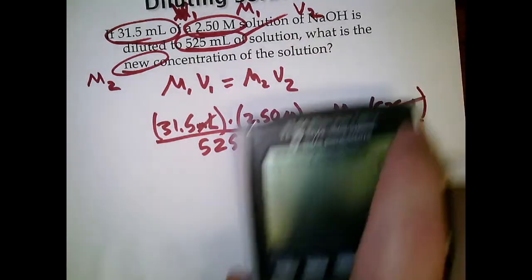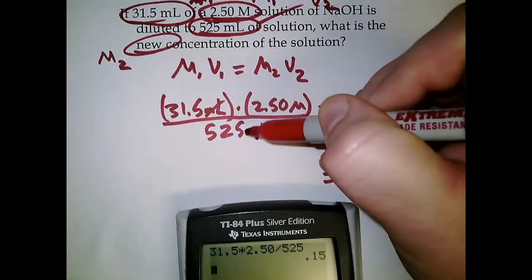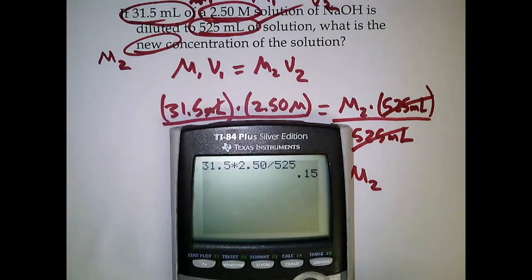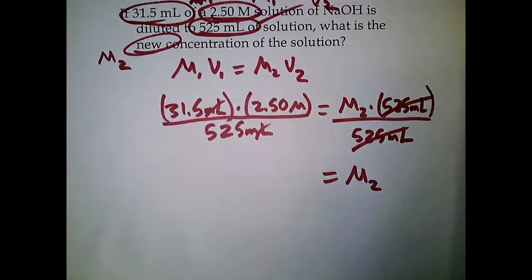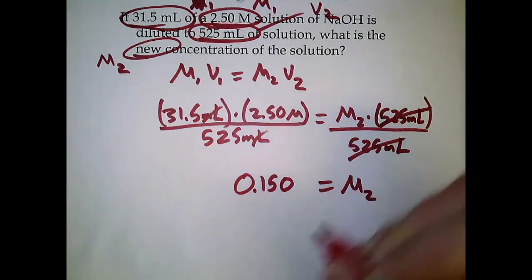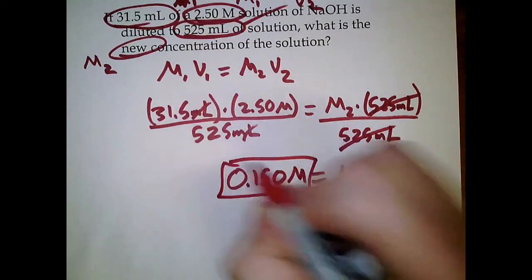Now, before I write it down, sig figs. This has 3, this has 3, and this has 3, so my answer gets 3 sig figs. This answer on the calculator only has 2, so I actually have to add a sig fig to this. So what I'm going to do is not write 0.15, I'm going to write 0.150, an extra sig fig there, molarity. And that is my new concentration.